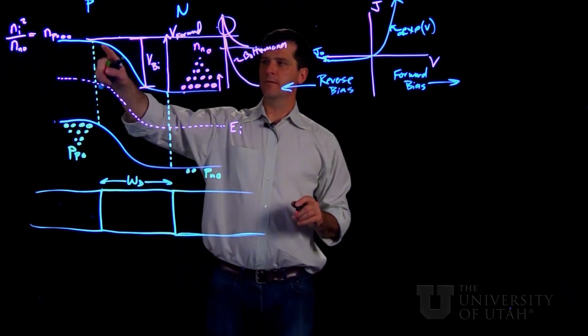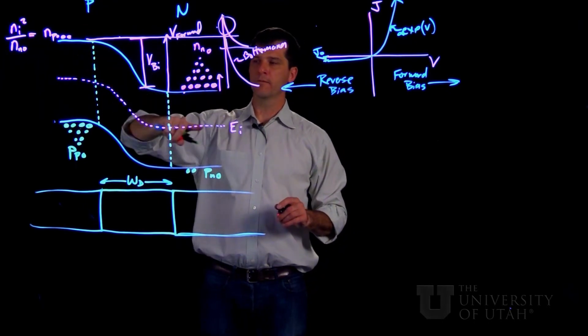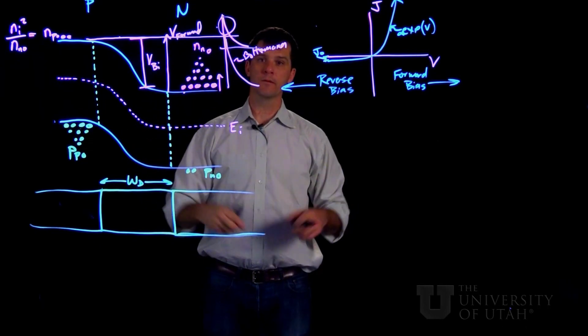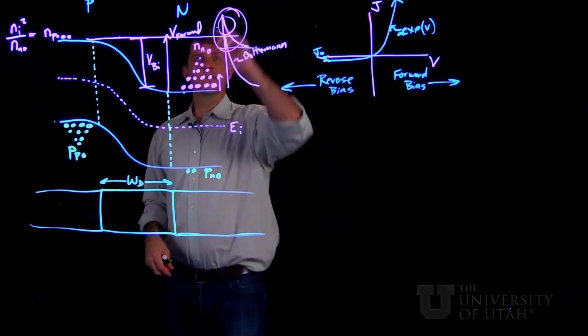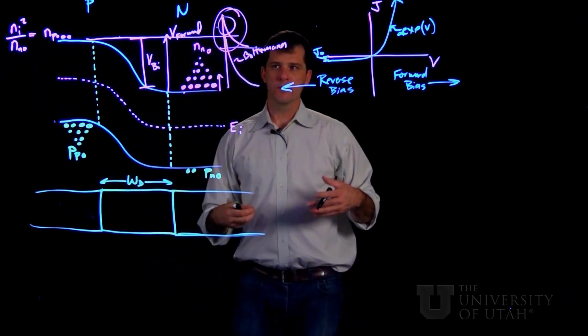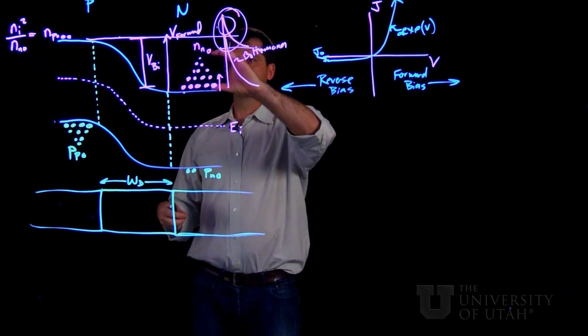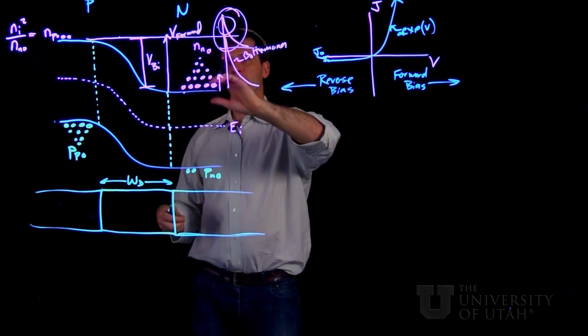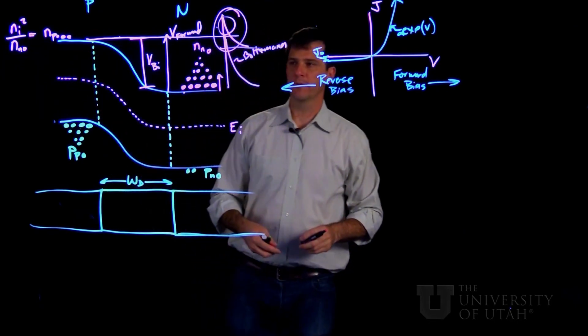Because remember, in this region, the E field is working against the electrons. So this is random thermal motion overcoming the drift motion. So the key is that you're sampling a larger and larger portion of this Boltzmann distribution as you apply forward bias and bring that conduction band up closer to the conduction band on the p-type side.